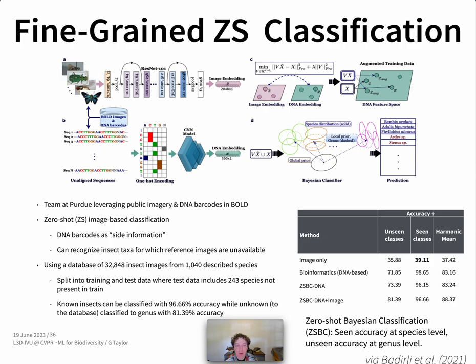And this model can classify samples of both described and undescribed species. The described samples are assigned a species label that has been observed in the training data, whereas the undescribed samples are assigned a genus level, which is the next step up in the taxonomic hierarchy.